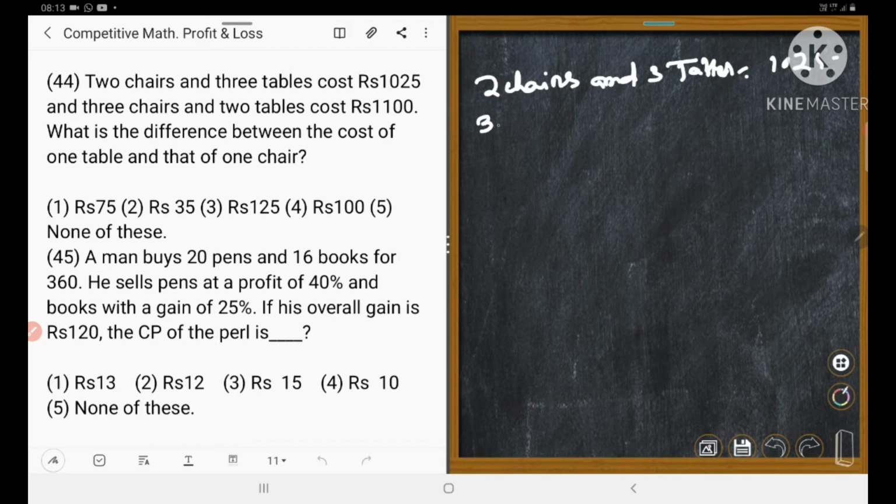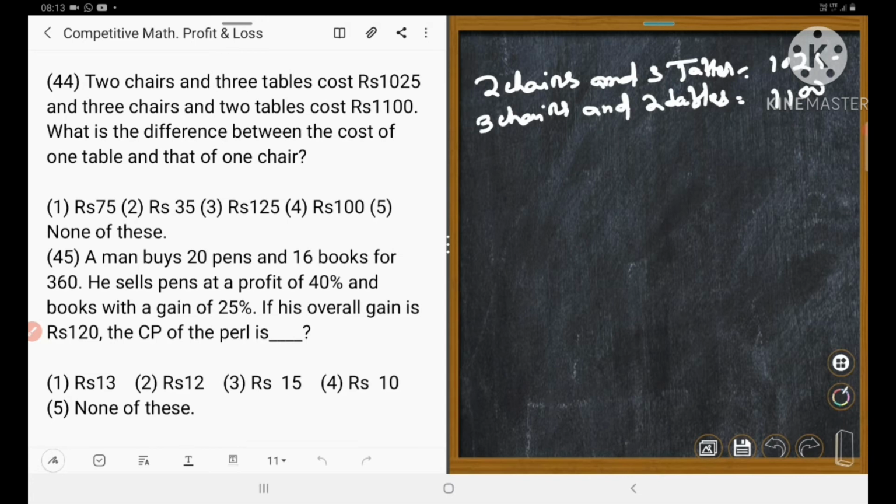Similarly, 3 chairs and 2 tables cost 1100. Right? So, let's multiply the first equation with 3 and the second equation with 2.